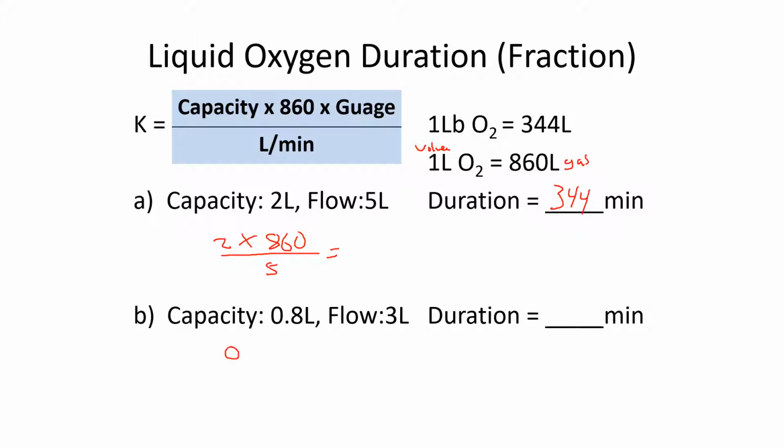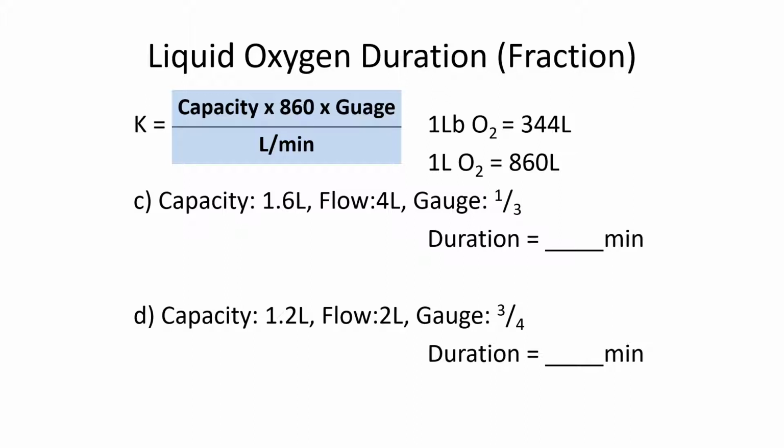Here our capacity is 0.8 liters. 860 is our conversion factor, and the flow is 3. About 229. Yep, that's about right. It's about 229.